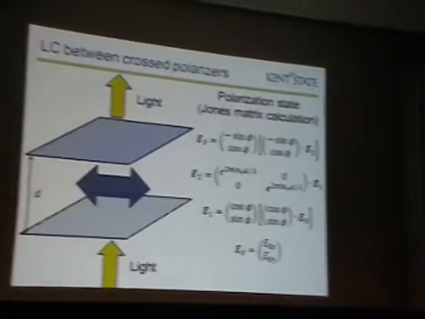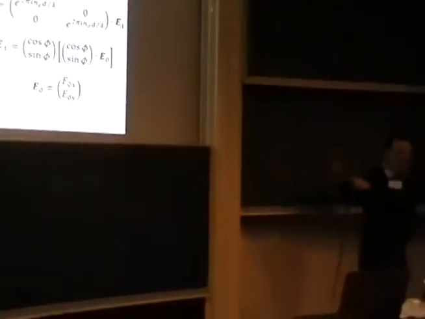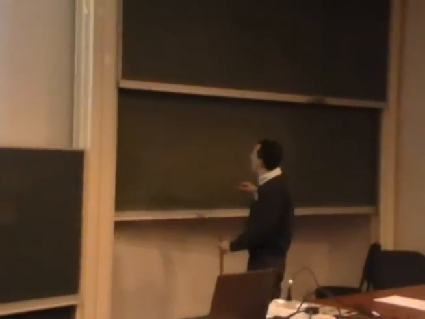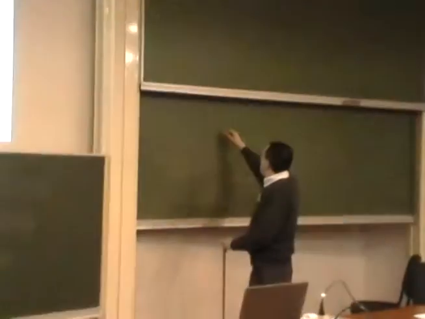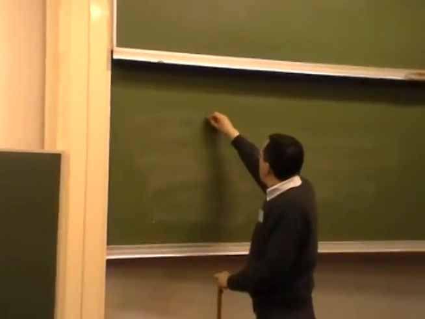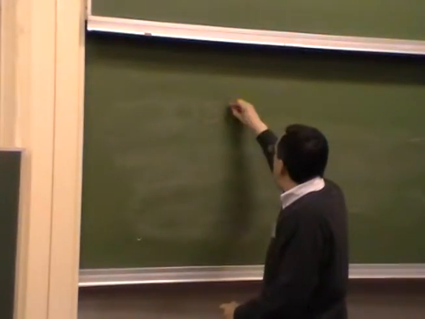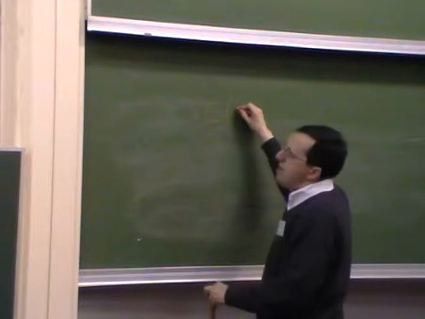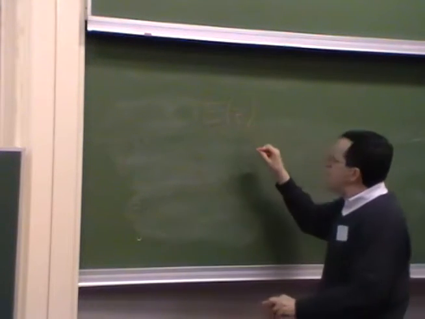So the phase of light. For any kind of electromagnetic wave, you have the electric field as a function of z.